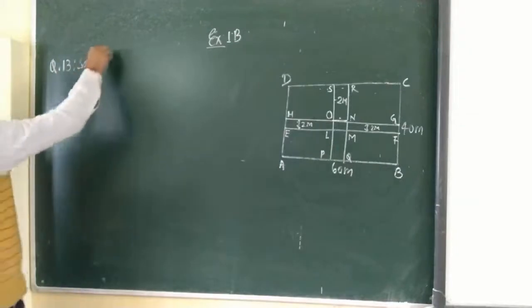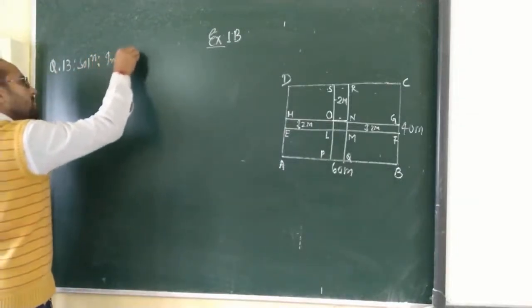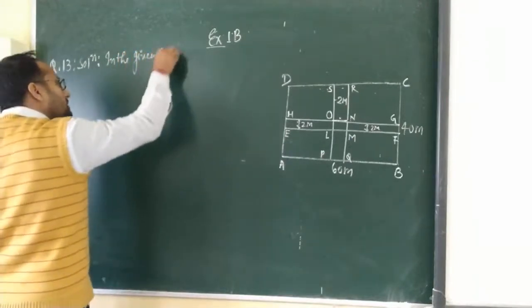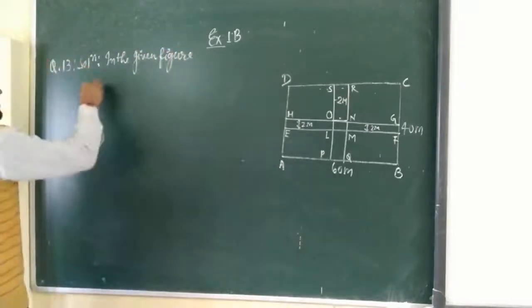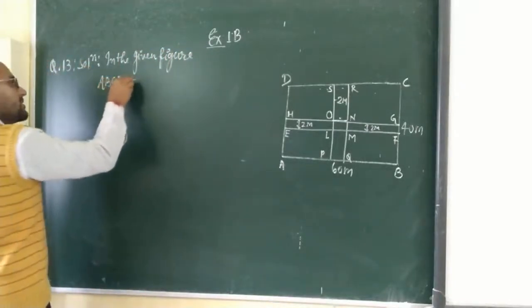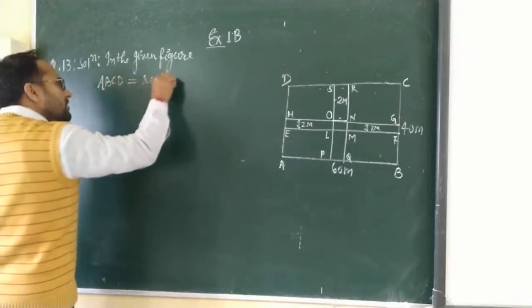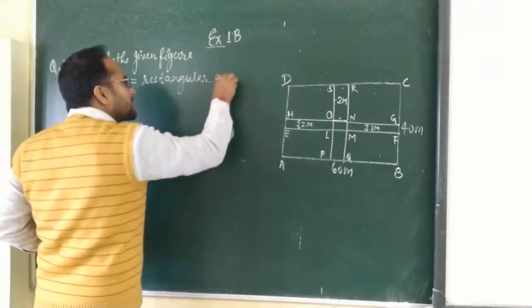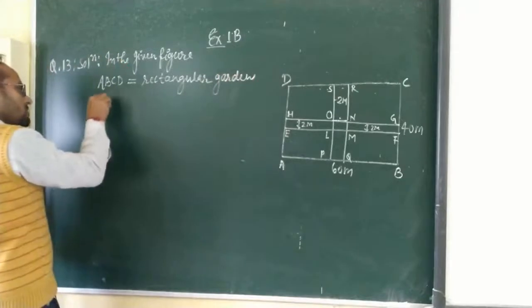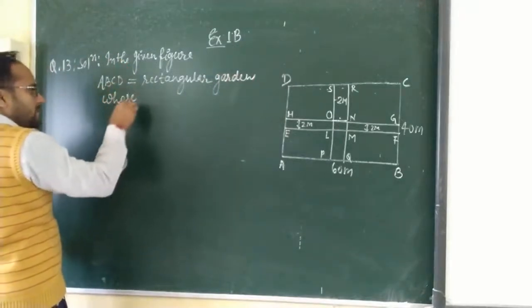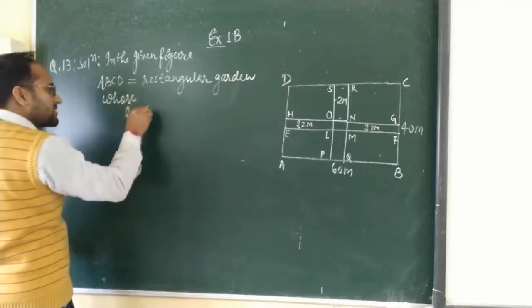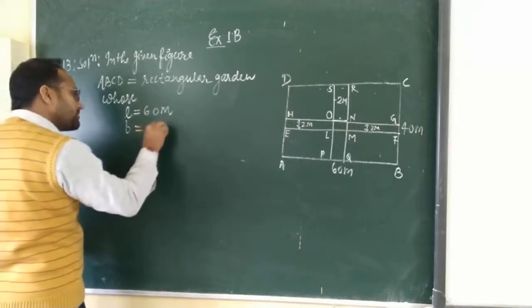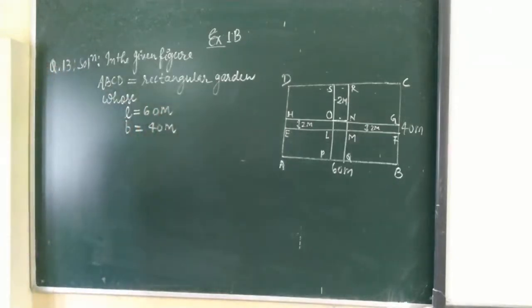In the figure, A, B, C, D is a rectangular garden whose length is equal to 60 meter and breadth is equal to 40 meter.